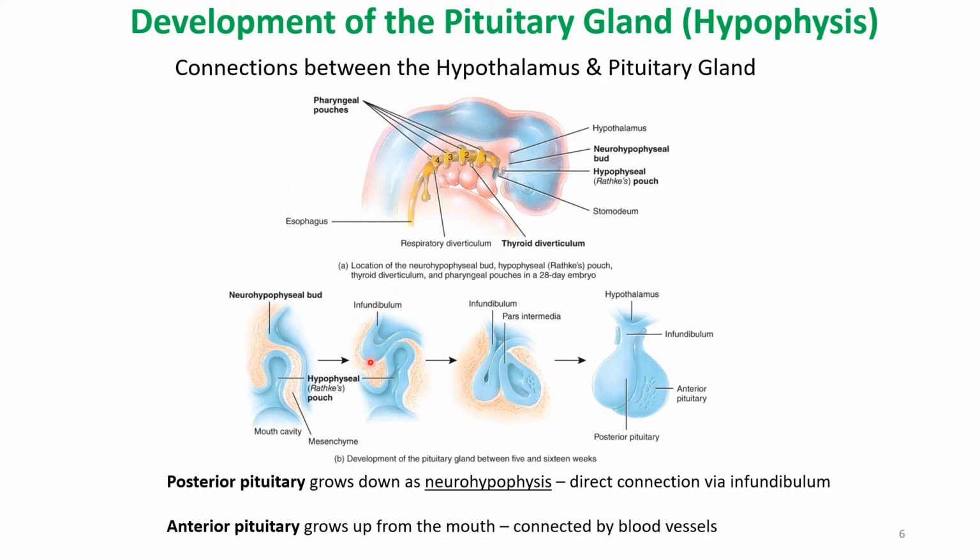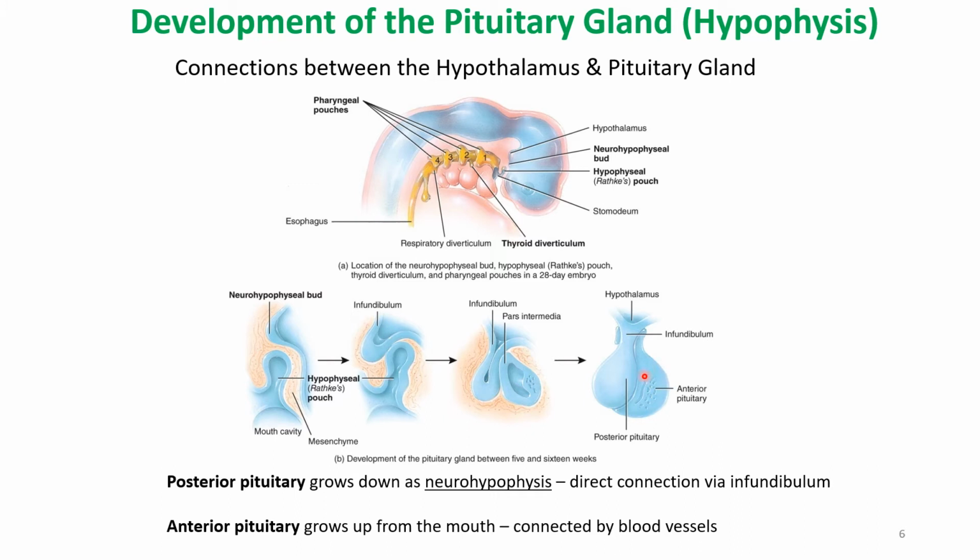And as this one comes down from the diencephalon, you can see it's going to make a little bud here, and the part that's leading to it is what becomes the infundibulum. And so this is going to end up becoming the posterior pituitary gland, which is a direct descendant of that hypothalamus.